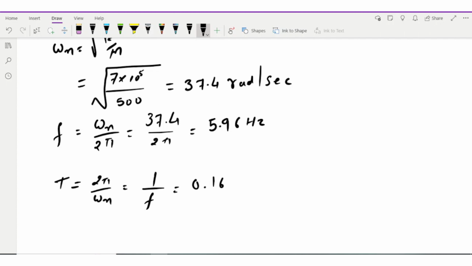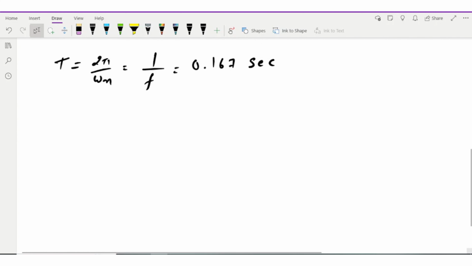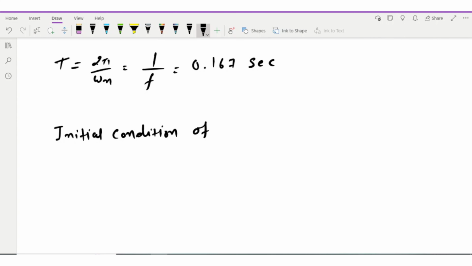And if there is an initial condition for this system, given like initial displacement x0 and initial velocity, or initial acceleration, then you can find the response of the system.